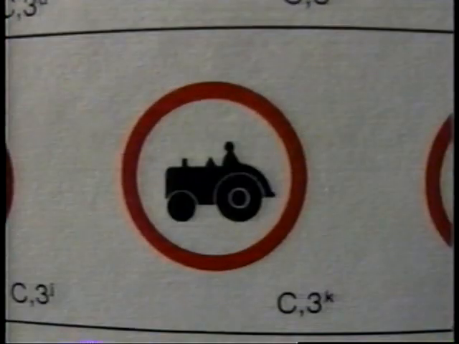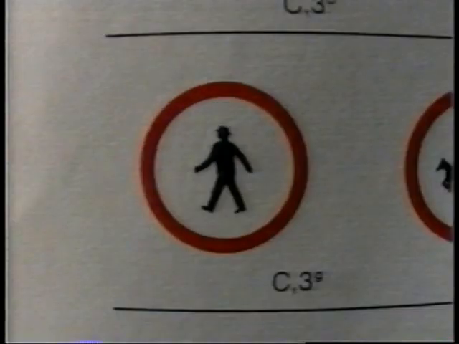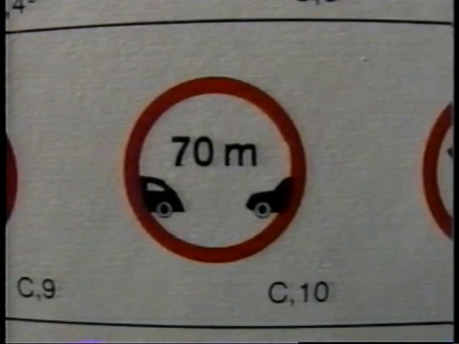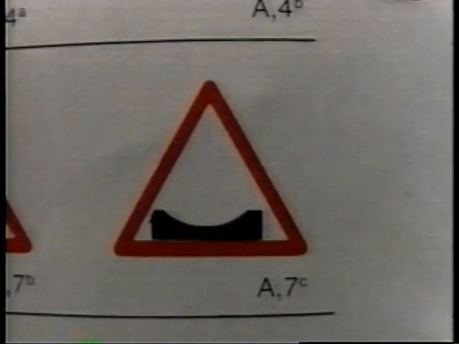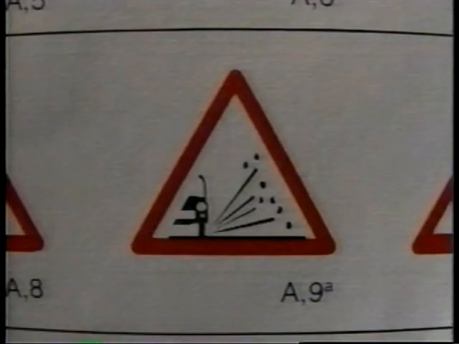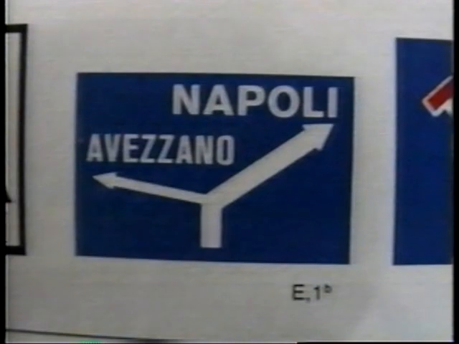General sign features unique to the European system are circular-shaped, regulatory signs with white backgrounds and red borders, and triangular warning signs, each showing symbols to illustrate a hazard. In addition, the European system uses large graphic map guide signs.